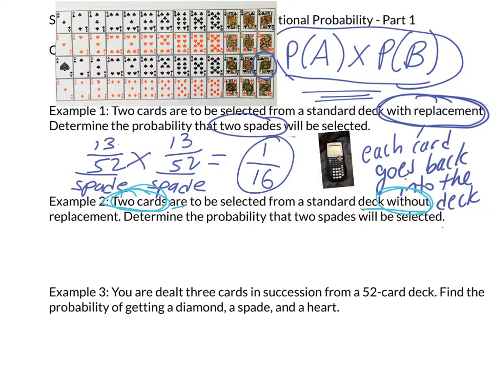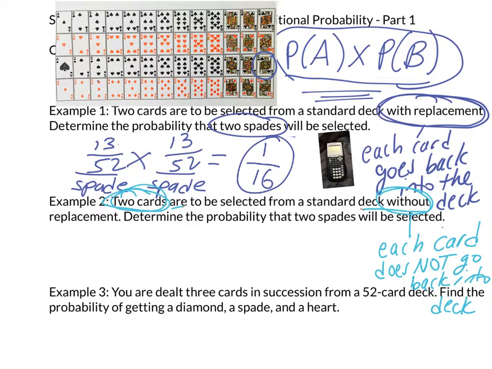Without replacement means that each card does not go back into the deck. It's sitting off to the side, so you will never ever draw the same card twice.